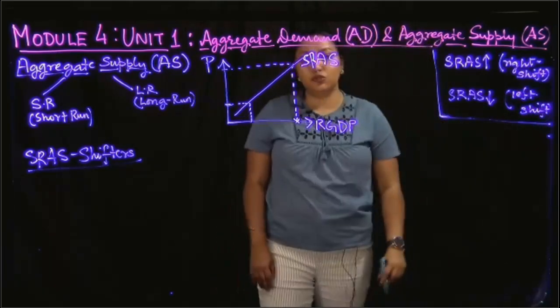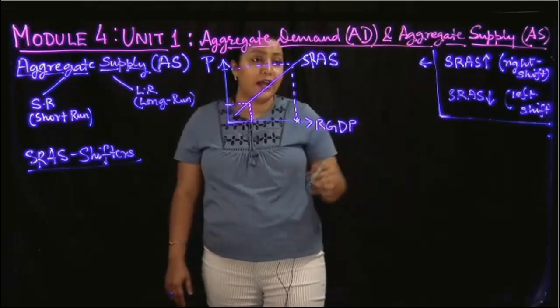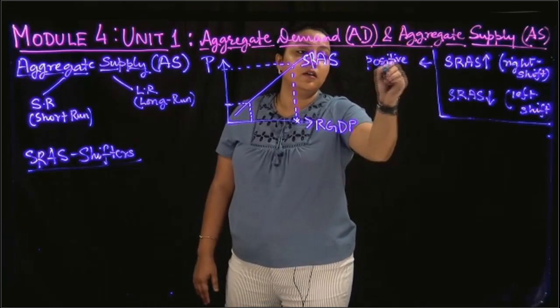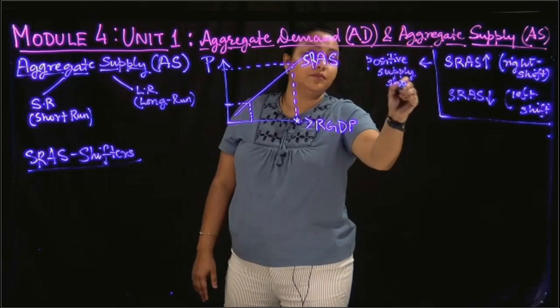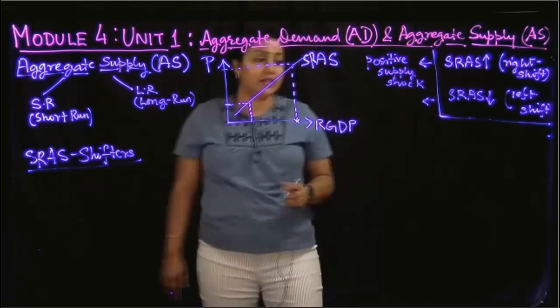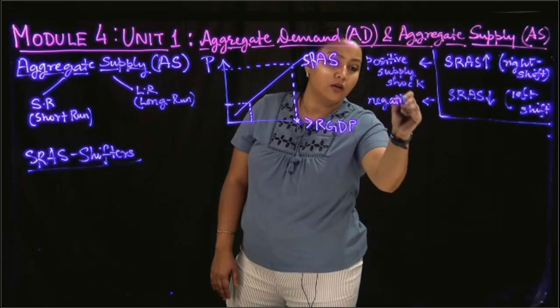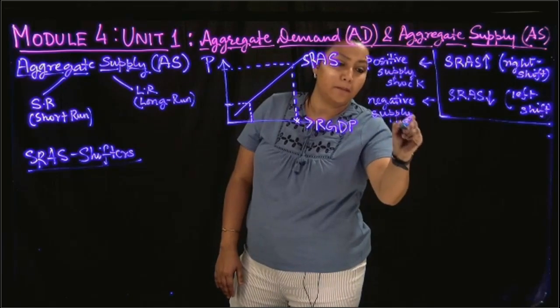Okay, that's going to be true. And any increase in short run aggregate supply or a right shift, that's going to be called a positive supply shock. And a decrease in the aggregate supply is going to be called a negative supply shock. So that's still going to be similar to the demand side.